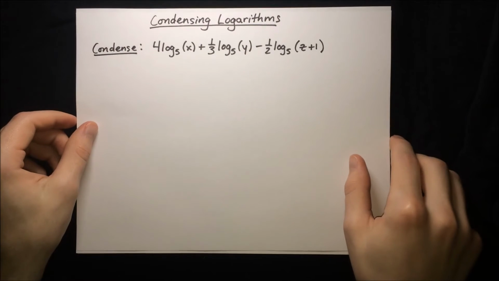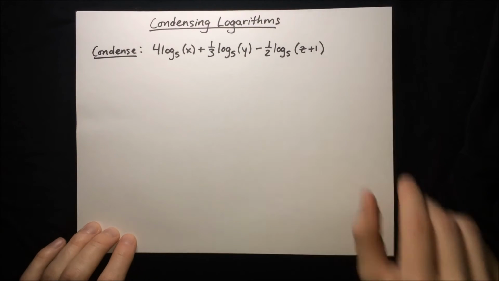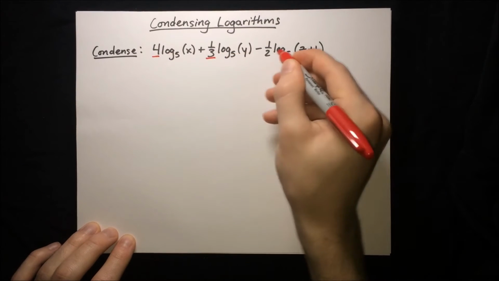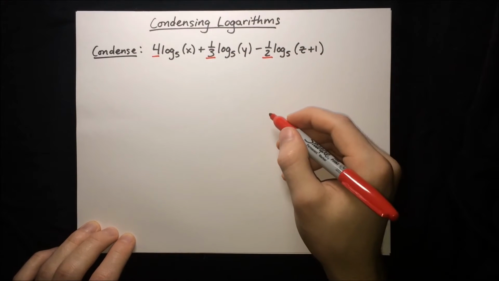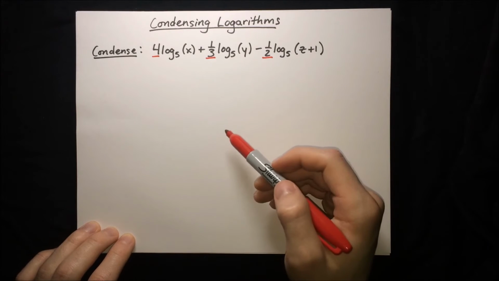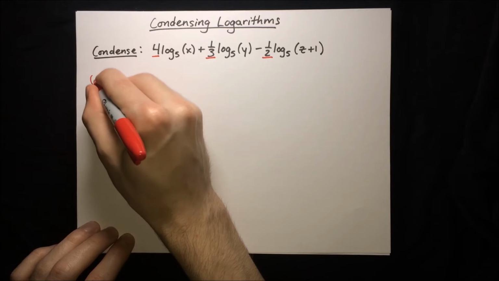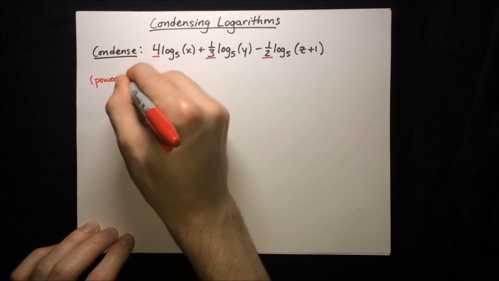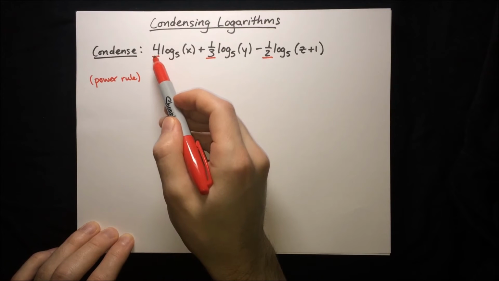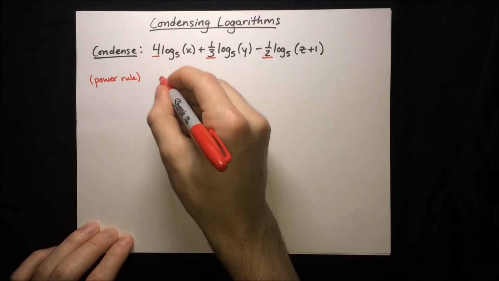Here's another example of condensing logarithms. So to start off, we're going to want to move these coefficients inside of the logarithms, because in order to apply the product rule and the quotient rule, we can't have coefficients on the logarithms. So we're going to start off using the power rule, which will allow us to take the coefficients and put them as exponents on the terms inside of the logs.